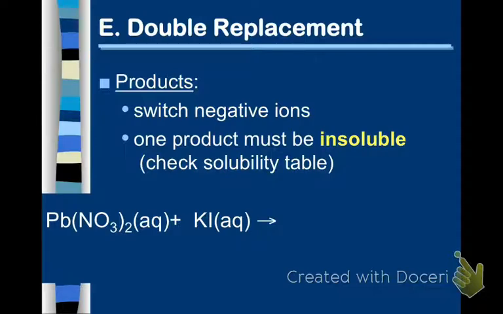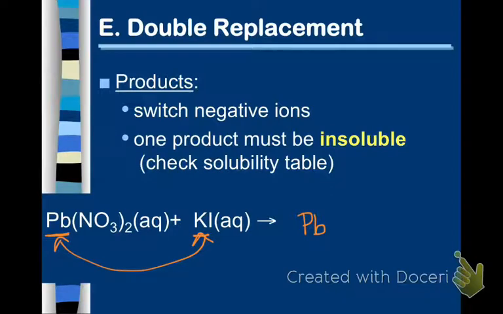What do y'all want to swap places? Well, let's see here. If I pick lead in my first compound, it needs to swap over with what? Potassium. Metal replacing metal. So my first compound would be, let's pick the one, lead will combine with what? Iodine.